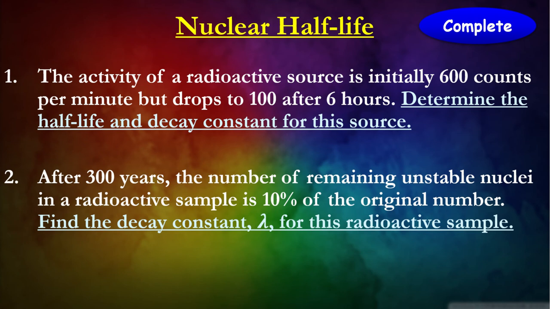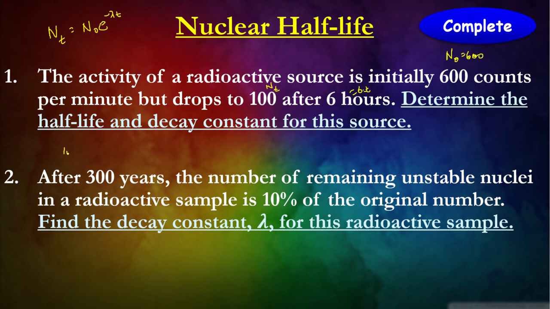Alright, so what we want to do is just write out our equation. The equation we're dealing with here is this one. In terms of time, it's 6 hours. We know that Nt is 100, and then we know that N0 is 600. So let's firstly rearrange the equation.